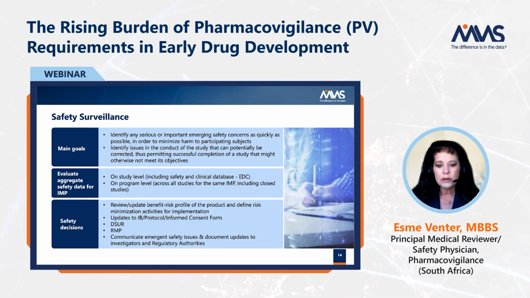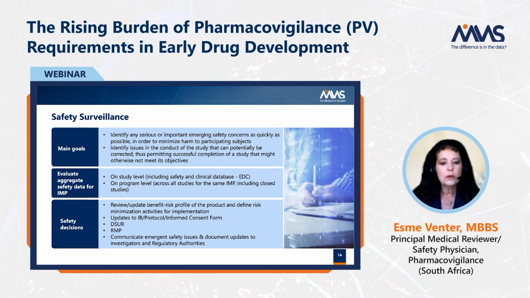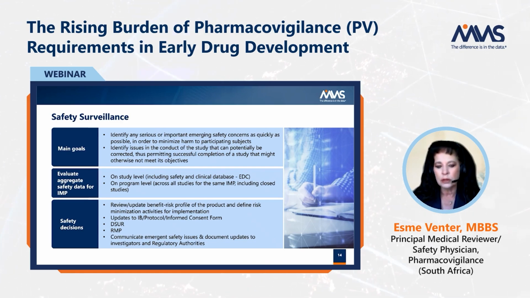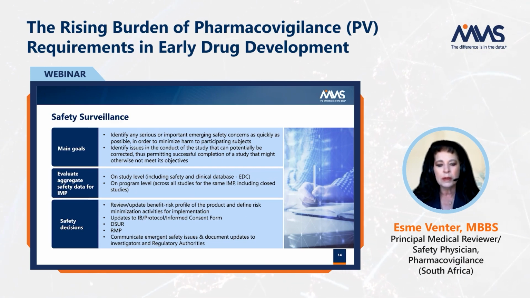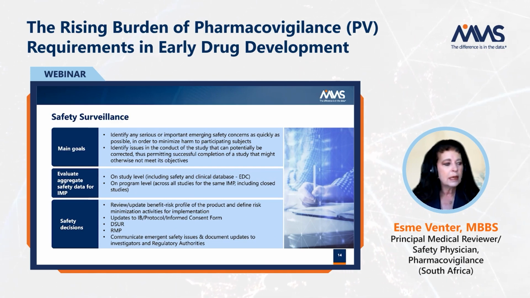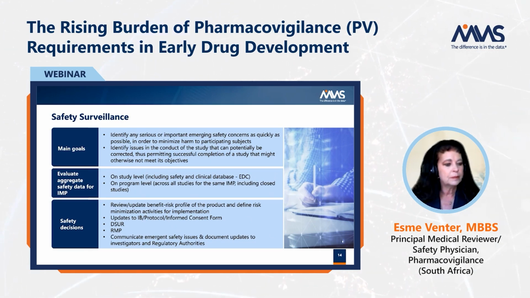Therefore, the main goals of safety surveillance are firstly to identify any serious or important emerging safety concerns as quickly as possible in order to minimize harm to participating subjects, and secondly, to identify issues in the conduct of the study that can potentially be corrected, thus permitting successful completion of a study that might otherwise not meet its objectives.